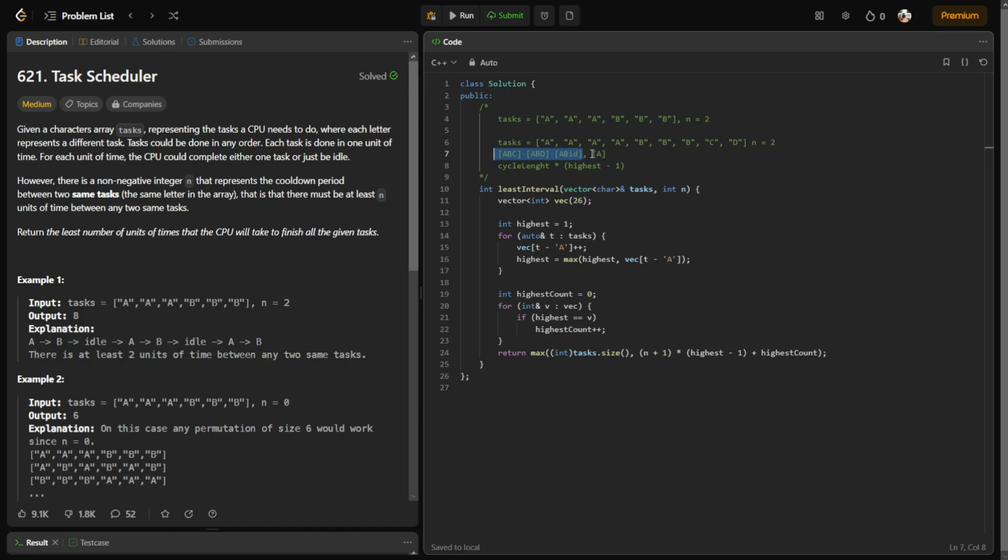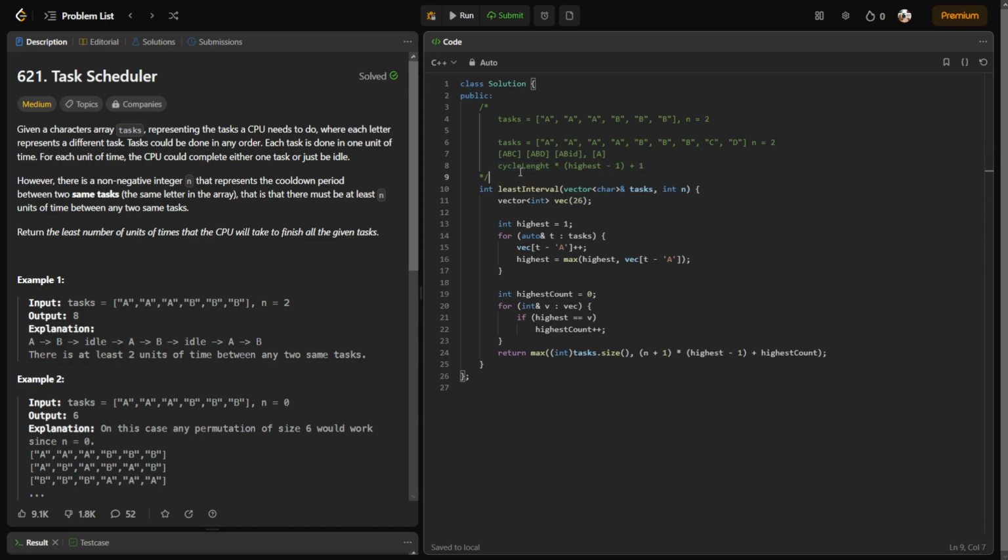We also need to account for the number of occurrences of the highest frequency, which in this case is only once because there's only one task with 4 occurrences. If there were 4 B's as well, then this would be 2. This would be 1 here, and it would be 2 if there were 4 B's instead.